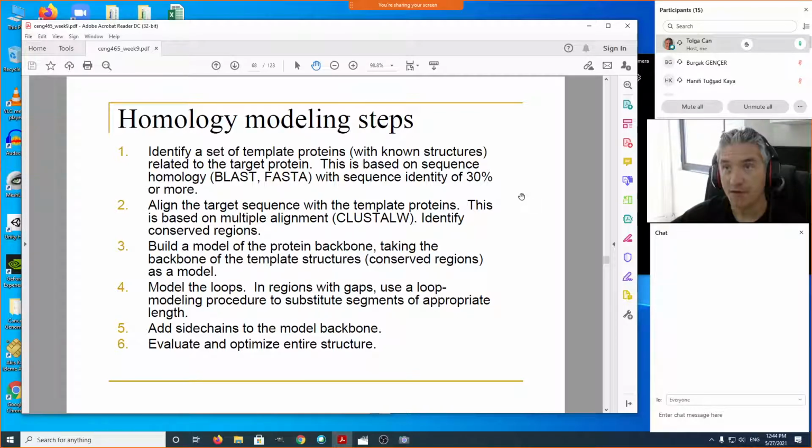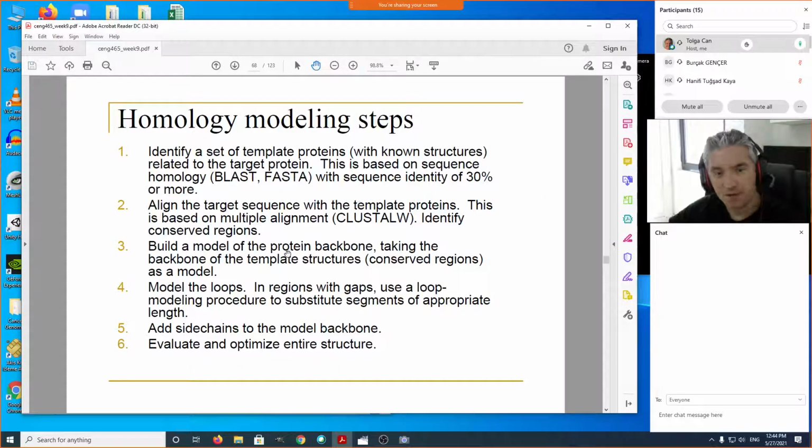For example, if multiple alignment shows that this 30, 33, 35% is all coming from the same region within those protein sequences, it may indicate something conserved in those regions. And if we know the structure of those conserved regions, it will serve as a good template, a good starting point to start modeling our target protein.